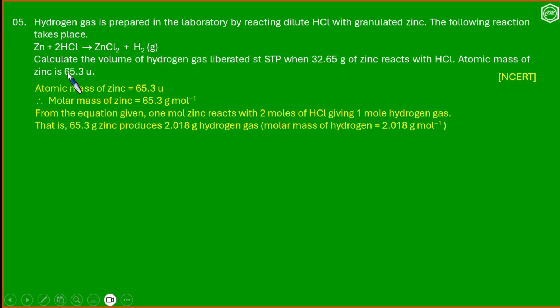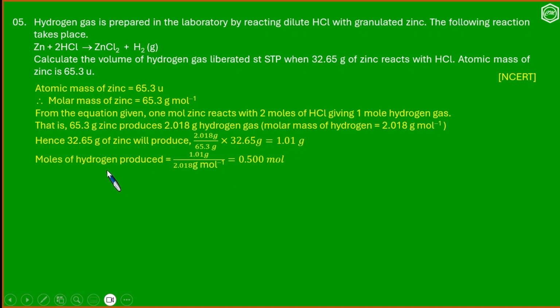That is 65.3 gram zinc produces 2.018 gram hydrogen gas. Molar mass of hydrogen is 2.018. Hence 32.65 gram of zinc will produce 2.018 divided by 65.3 into 32.65, that is 1.01 gram.